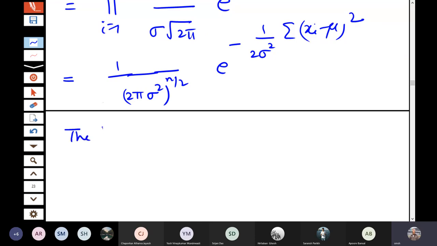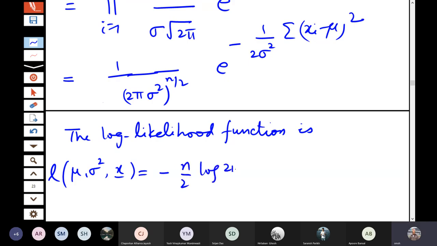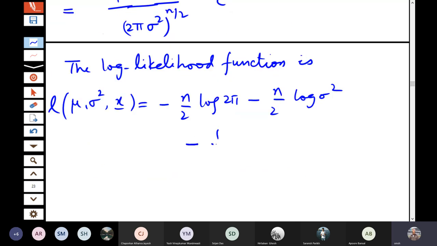So the log likelihood function is minus n by 2 log 2 pi minus n by 2 log of sigma square minus 1 by 2 sigma square, sigma (xi minus mu) square.